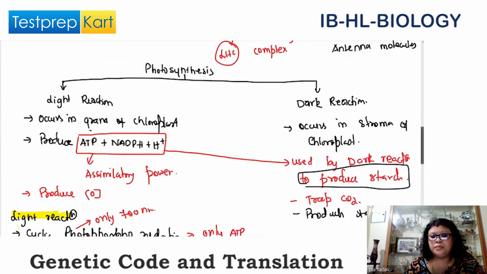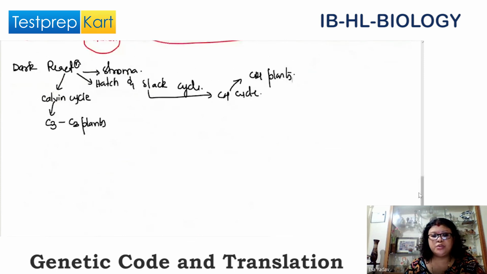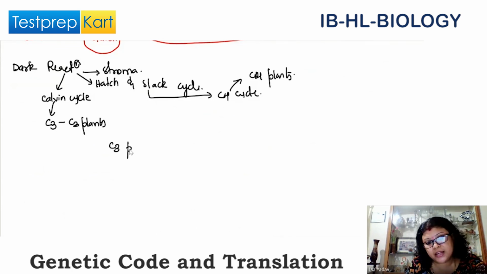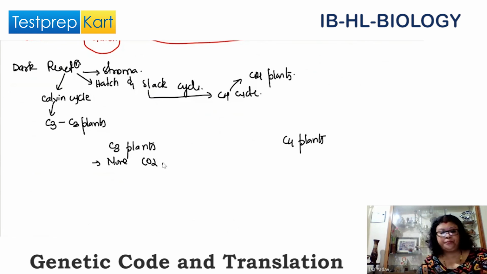So here, Sana, one thing you need to remember: we have two types of plants. We have C3 plants and C4 plants. C3 plants need more carbon dioxide, because they need to trap it.